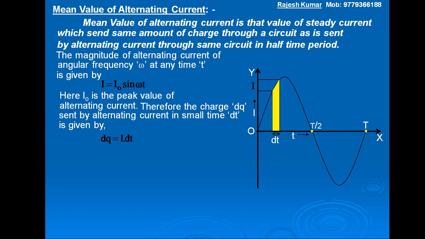Putting the value of I, we get dq is equal to I naught sine omega t into dt. Let it be equation number 4.